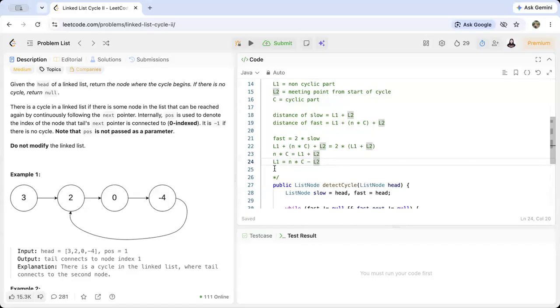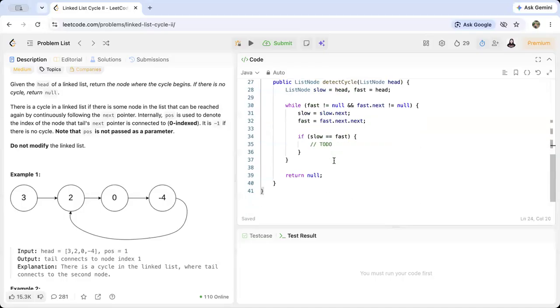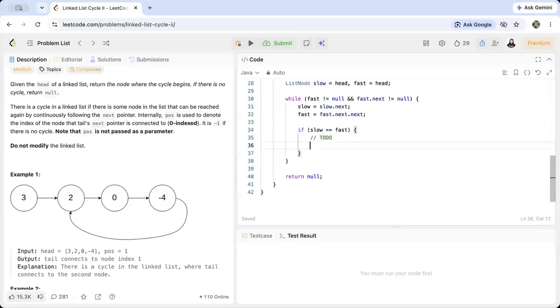So this means that if I again have two pointers, and one pointer starts at the start of the list and one pointer starts at the meeting point, they are going to meet exactly at the start of the cycle, because this is what the formula says. So what we do is, now my fast and slow point to the same thing. Now let's say my fast points to head again.